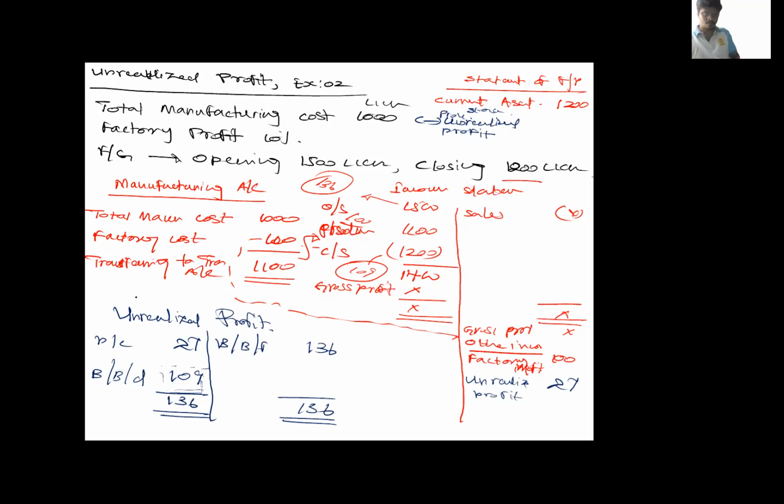Okay, this account also we can say normally provision for unrealized profit. පෙන්වීමක් නෑනේ. එතකොට provision කියලා දාන්න. 100 and okay.